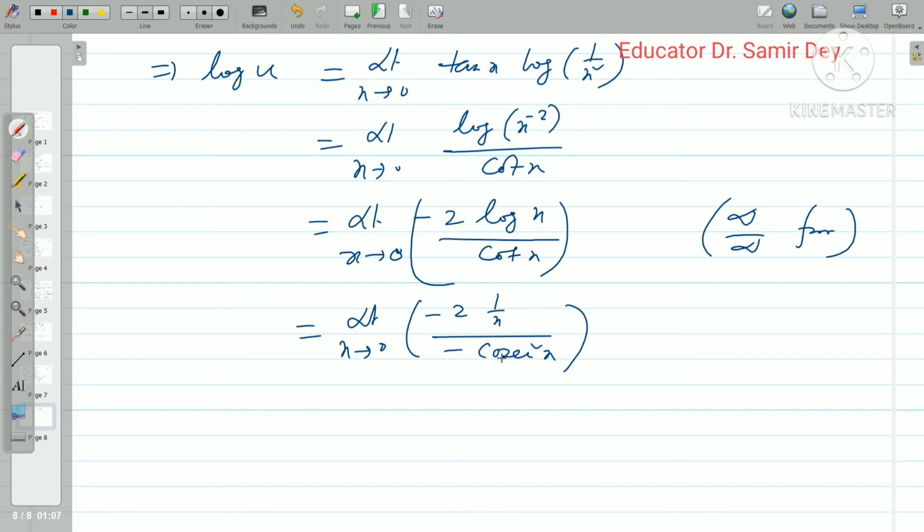So the minus minus cancel. Then what you have, limit x tends to 0, 2 sine square x by x.